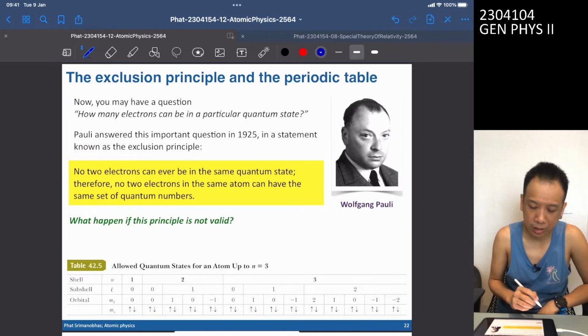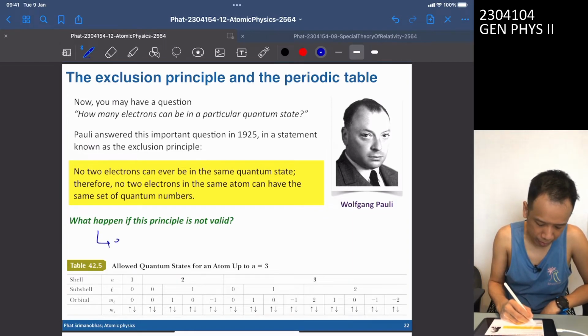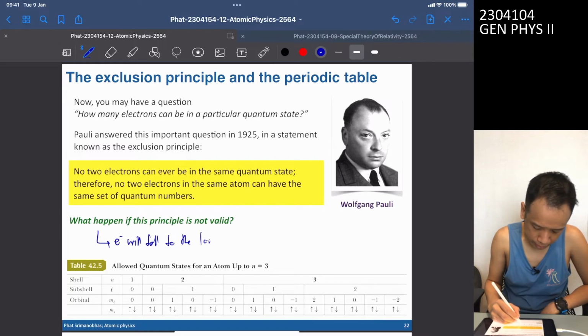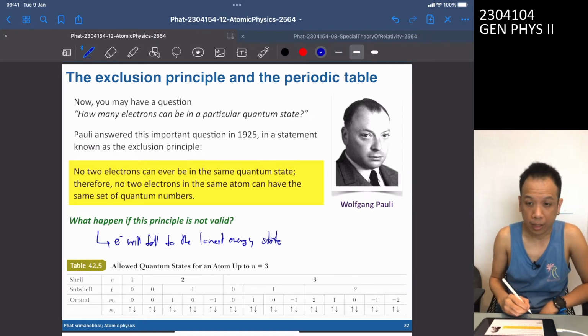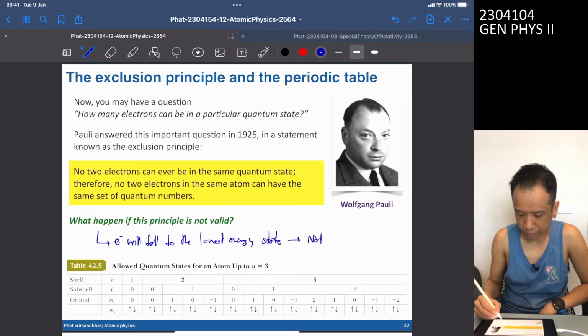It needs to be valid, because if it is not valid, the electrons will fall to the lowest energy state, and that is not the atom that we know.